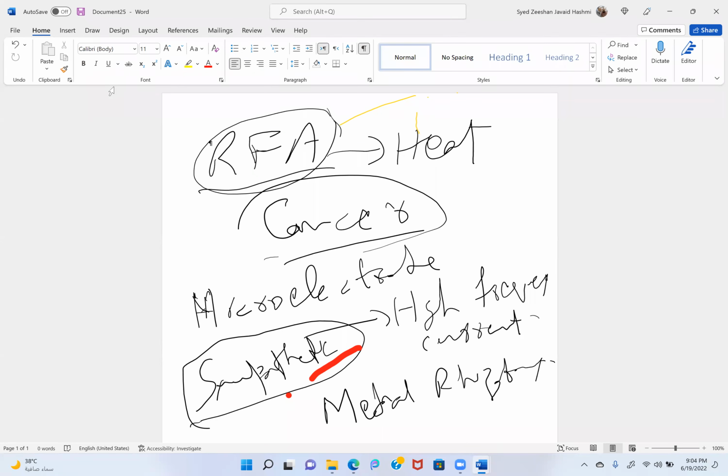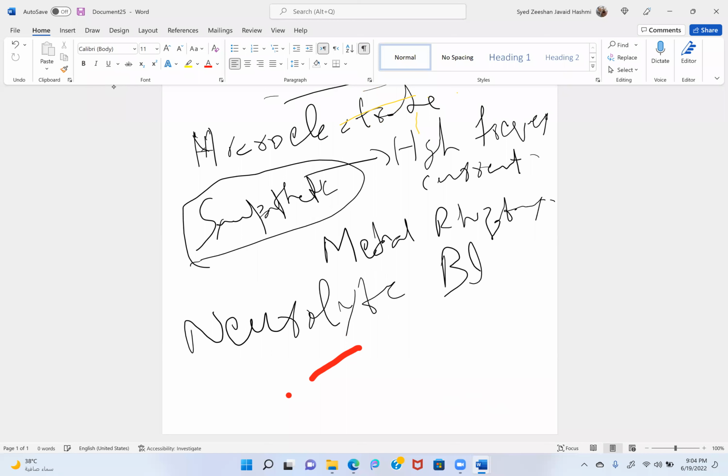Now the next is the neurolytic block. What is that? For a neurolytic block, we use either alcohol or phenol. What is the mechanism?